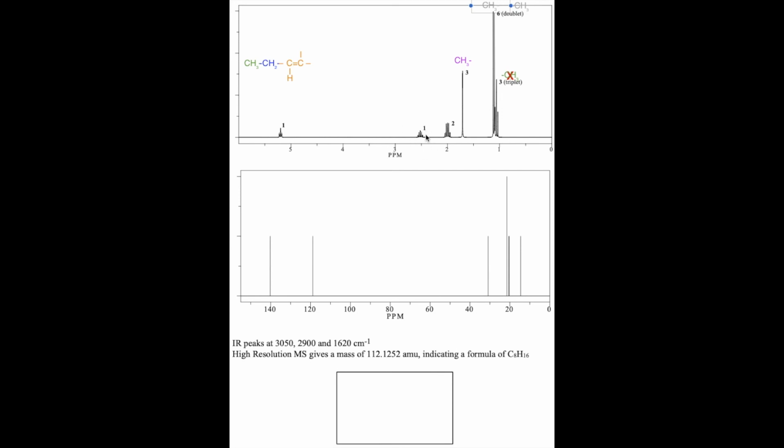And it's complicated looking, it's pretty heavily split. If you were able to blow this up and look at it, it should have 7 peaks, and it actually does. Because for that septet, n plus 1 is 7, so n is 6, it would have 6 neighboring hydrogens. And that's exactly what we see in those 2 gray methyl groups that are identical to one another.